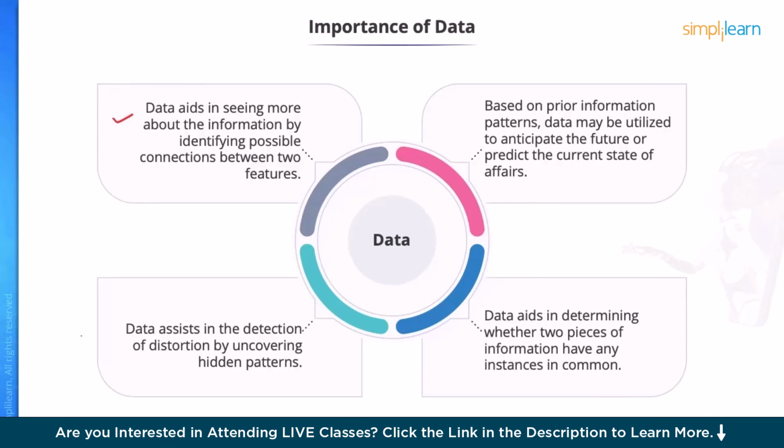Data assists in the detection of distortion by uncovering hidden patterns. Based on prior information patterns, data may be utilized to anticipate the future or predict the current state of affairs. Also, data aids in determining whether two pieces of information have any instance in common or not.